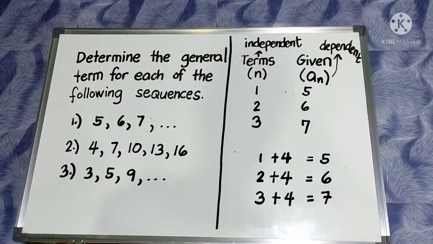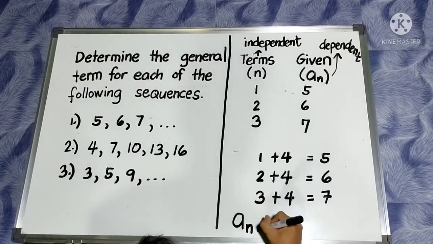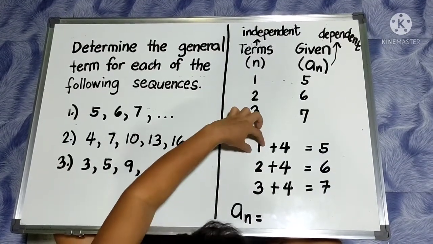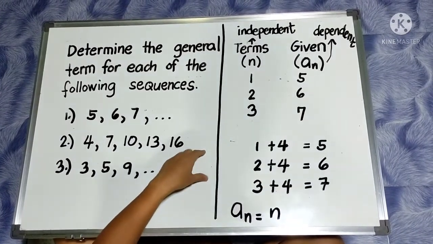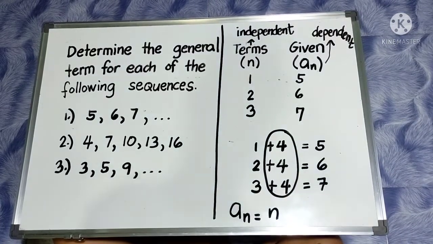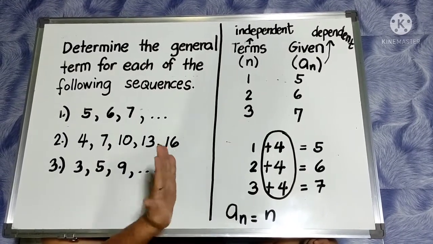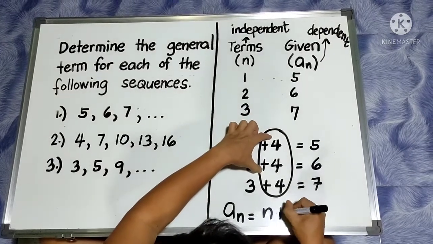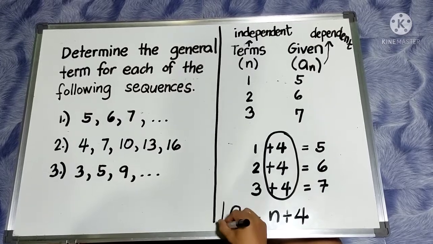Therefore, our general term will be, you write, a sub n is equal to n plus 4. Because if you say general term, that means it is true to all the values of n.